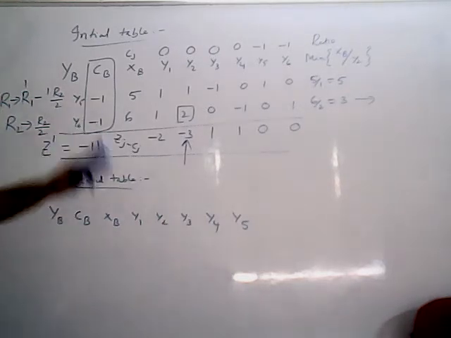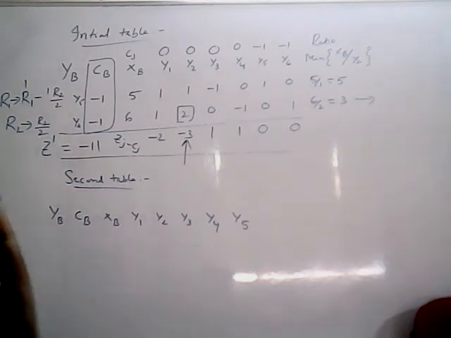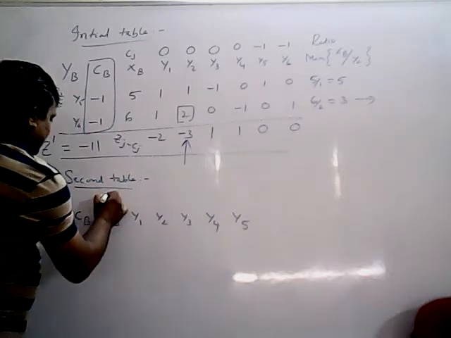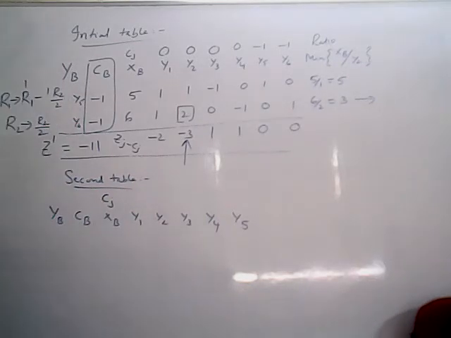Y6 is an artificial variable, it is deleted, you do not require it. Next, Cj is the cost matrix.